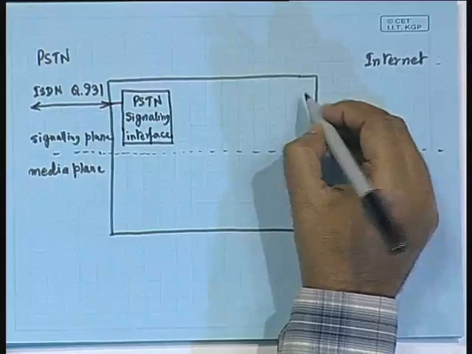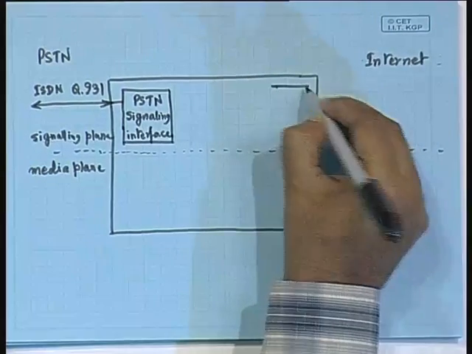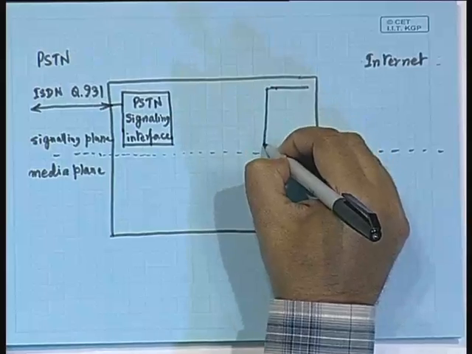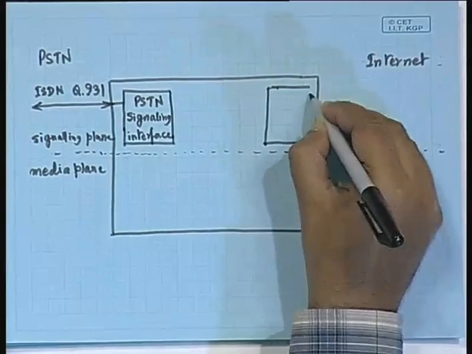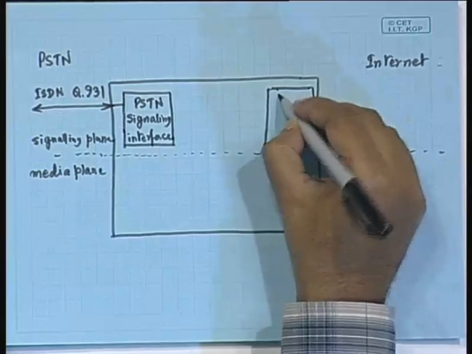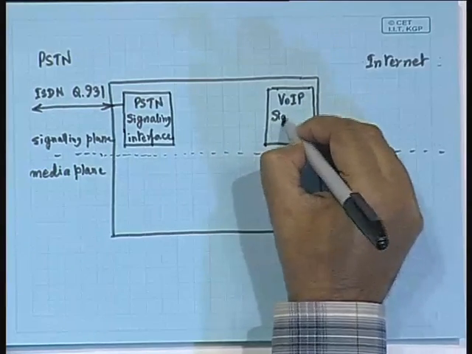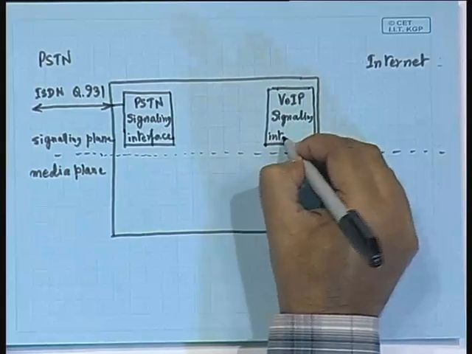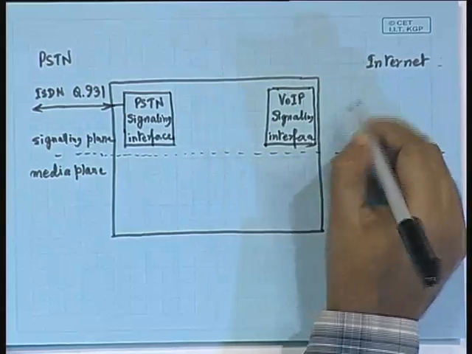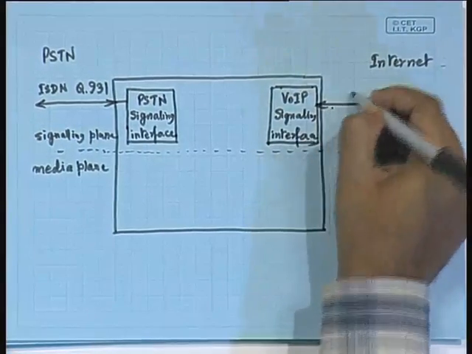And at the internet end, we must correspondingly have a VoIP signaling interface, again with bidirectionality.